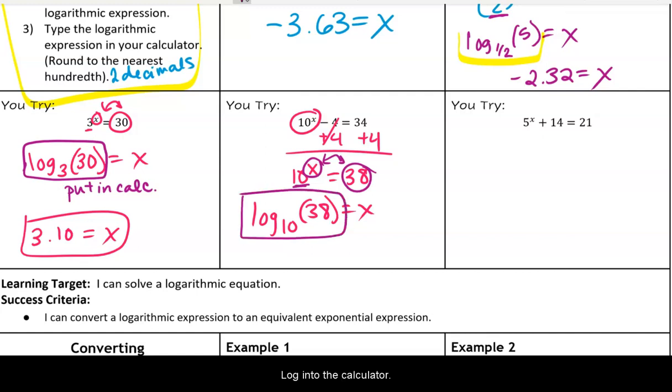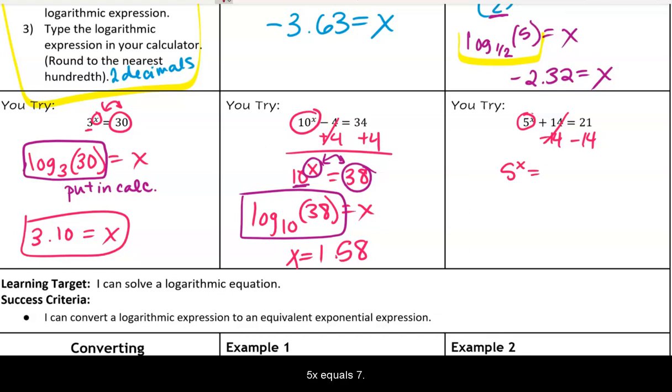Putting that log into the calculator, we are left with log base 10 of 38, that's 0.58. And the last one, again, we need to isolate that 5 to the x, so we subtract 14.